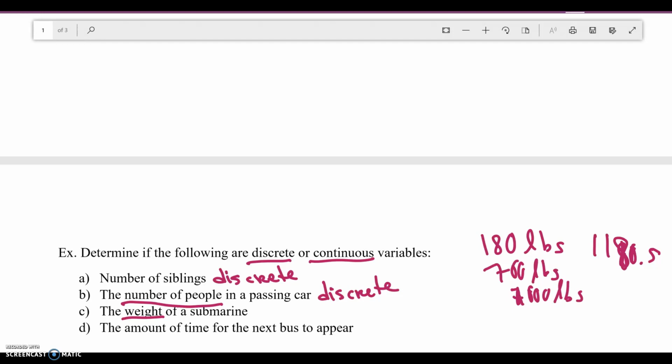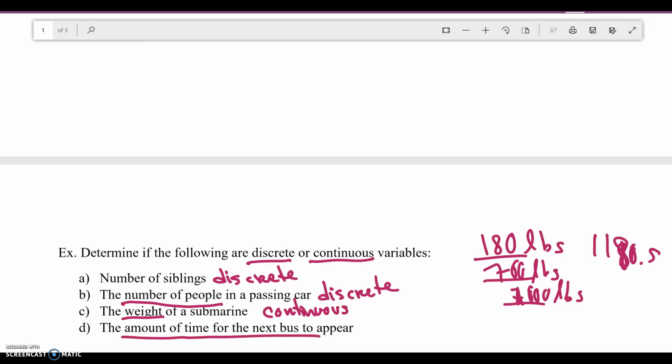So there are decimal answers that I can also have for the weight of a submarine. So this is continuous, because it can be expressed as whole numbers, but you can also have 0.5, 0.7, decimal answers. So the weight of a submarine will be continuous.